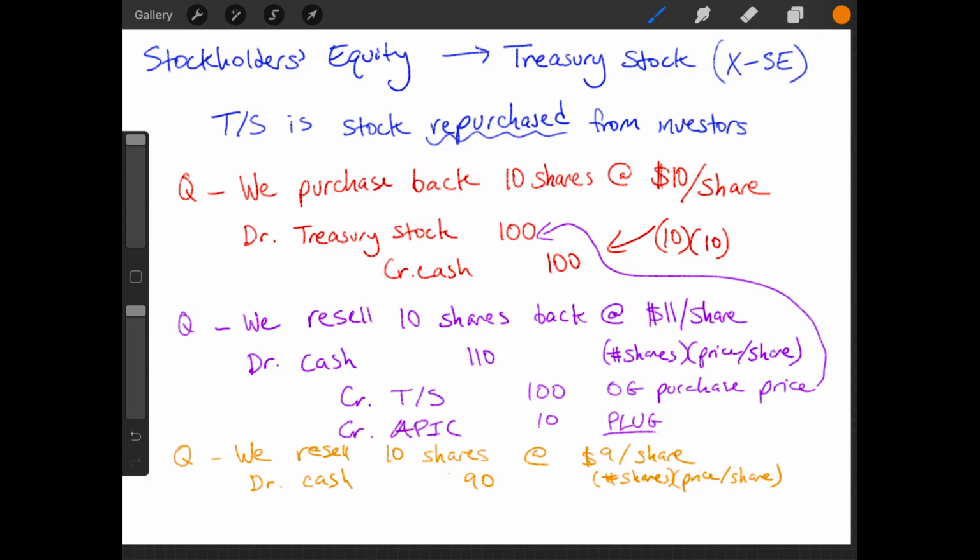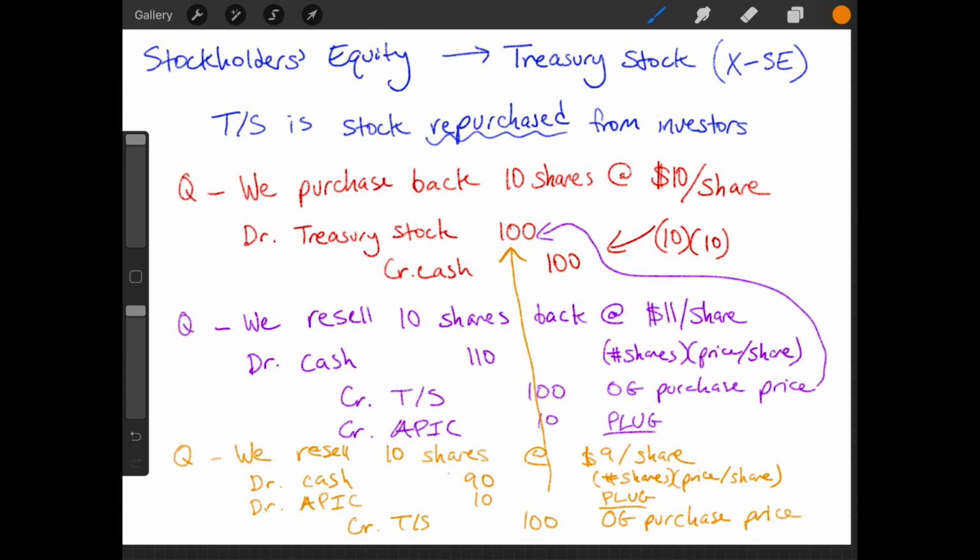And then just like the last journal entry, we're always crediting our treasury stock by that original purchase price of $10 per share. And in this case, we resold all 10 shares, so we're crediting treasury stock by that $100 original purchase price. Again, our debits don't equal our credits, but in this scenario, we need a $10 debit to make our journal entry balance. So we're going to be debiting APIC by that $10 difference as a plug.